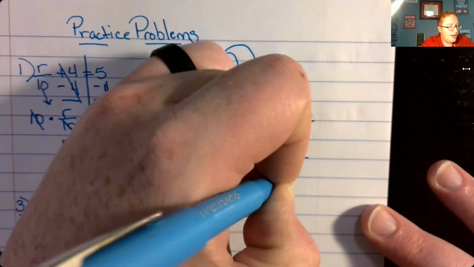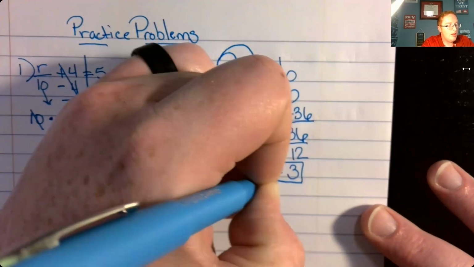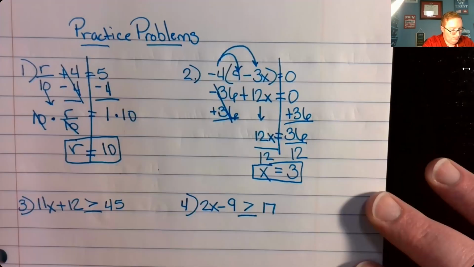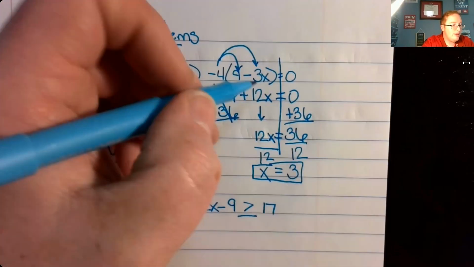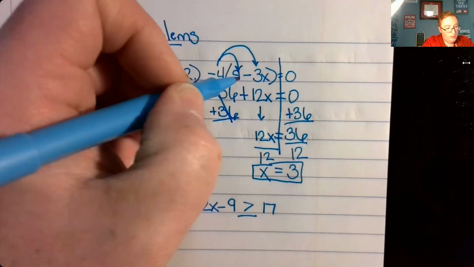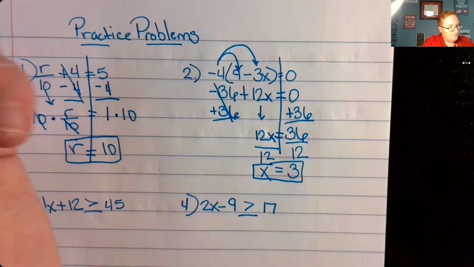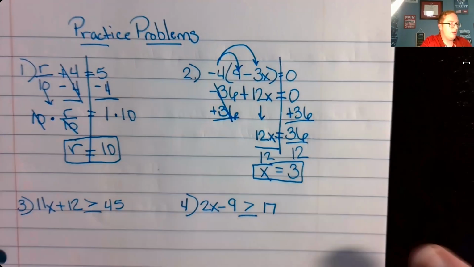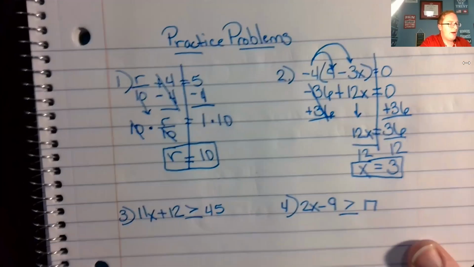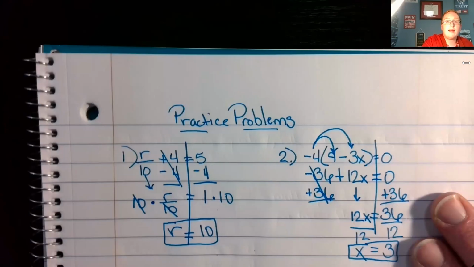Once again, I can plug this in and check it. 3 times 3 is 9, and 9 minus 9 is 0, and -4 times 0 is 0. So that works. The only other type that I haven't covered here is when you combine like terms.